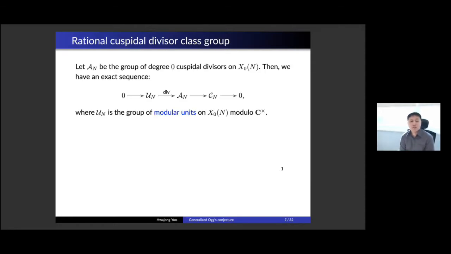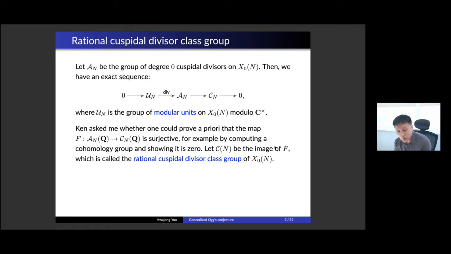So let's come back to our original question. Let A_n be the group of degree 0 cuspidal divisors on X_0(n). Then we have a tautological exact sequence, from U_n to A_n to the cuspidal group. Here U_n is the group of modular units on X_0(n) modulo the scalars. If you take the divisor, then this becomes the principal divisor, and this quotient is isomorphic to the cuspidal group.